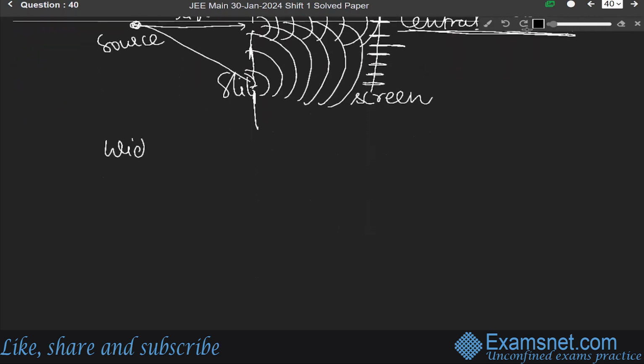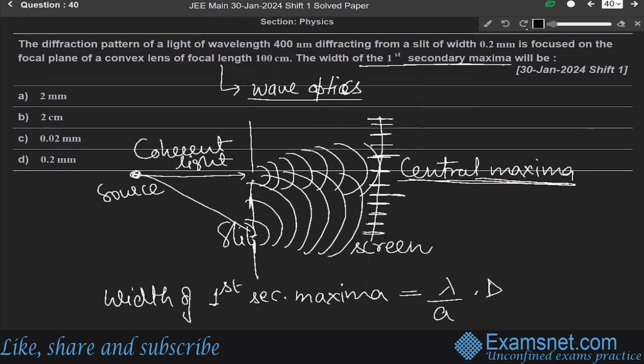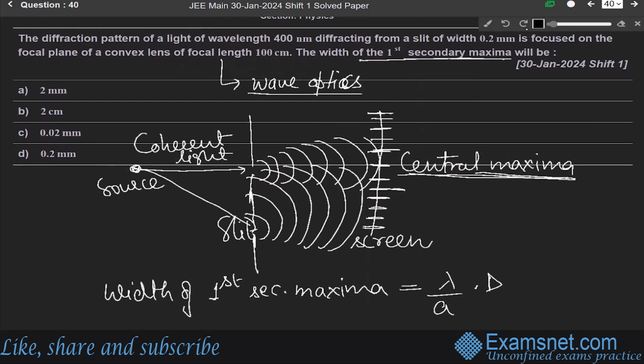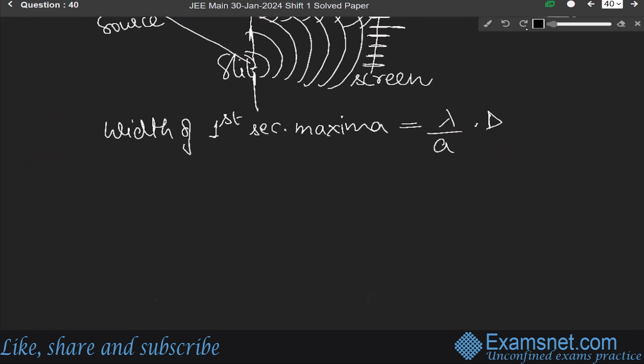So width of first secondary maxima will be equal to lambda over a into d, where d is the distance between screen and the slit. Okay, now here in this question, a is 0.2 into 10 to the power minus 3 meter.